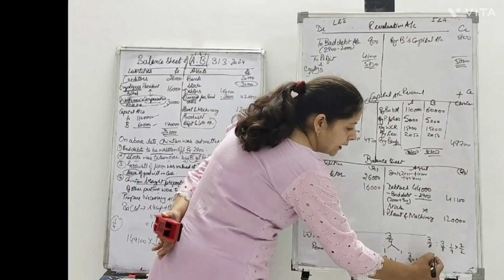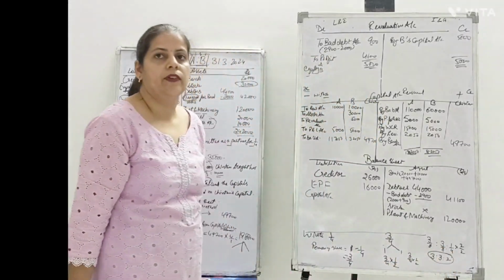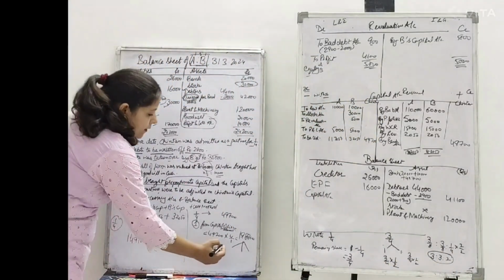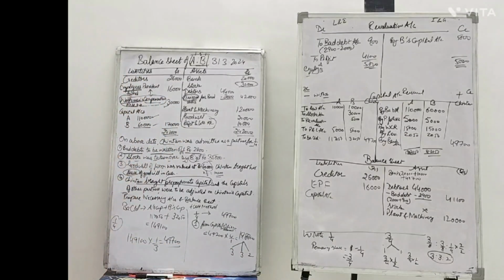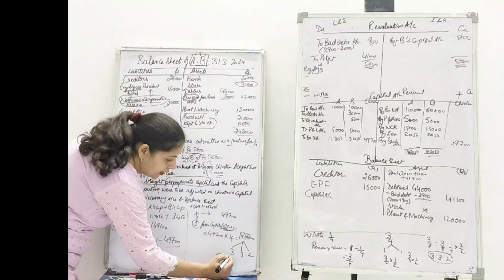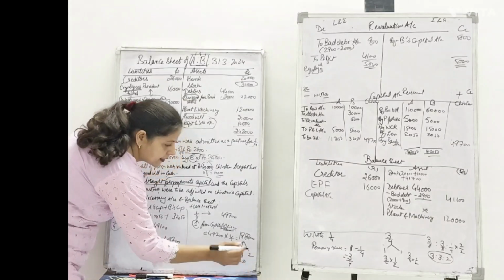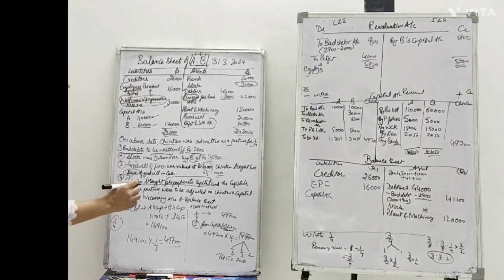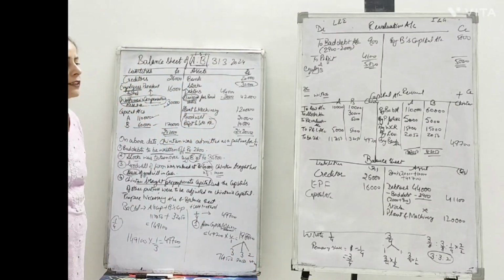You will get 3, 3 and 2. So this is your new profit sharing ratio. So as per this, the capital of the given partners should be 74,550 each, and the last partner's capital we have already calculated, that is 49,700.